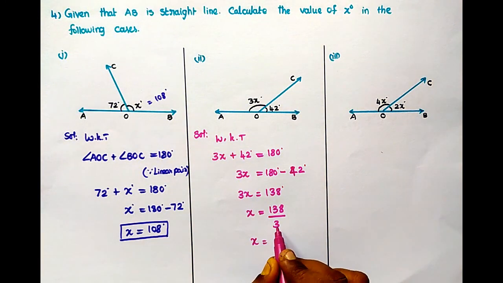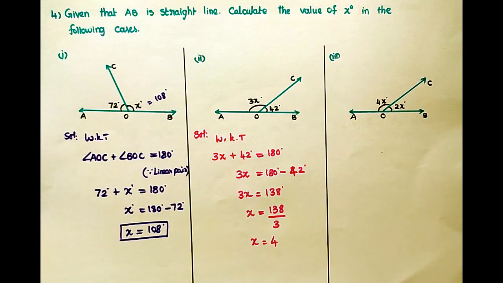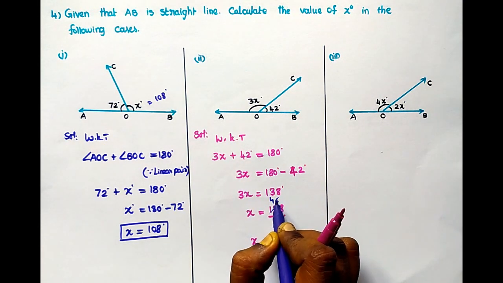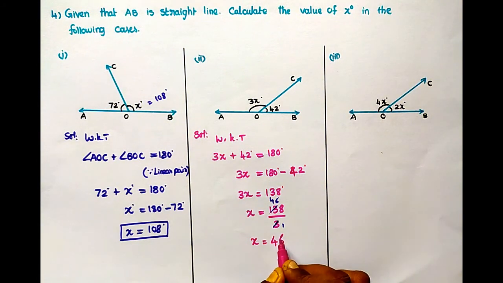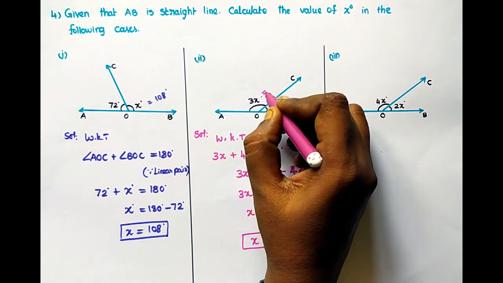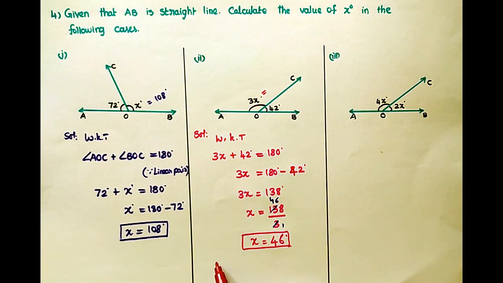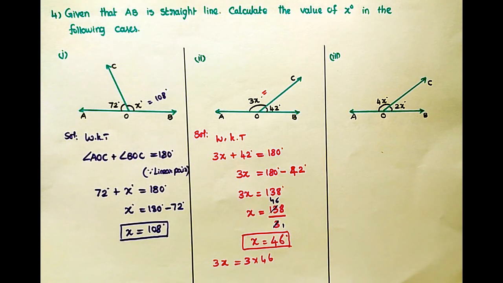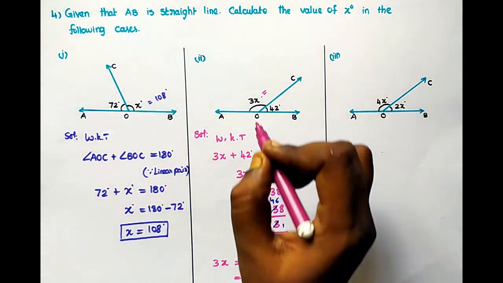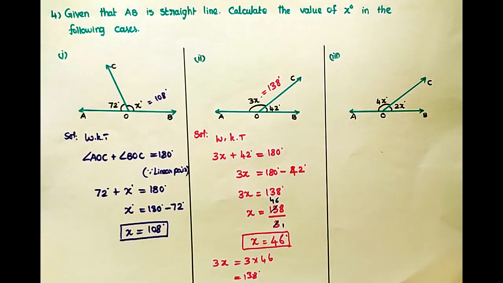So x equals 46 degrees. So 3x means 3 into 46, that is 138.